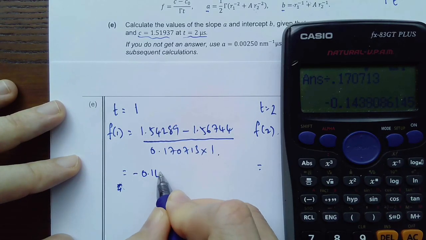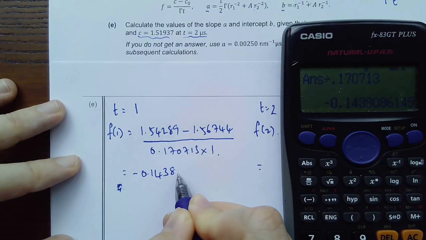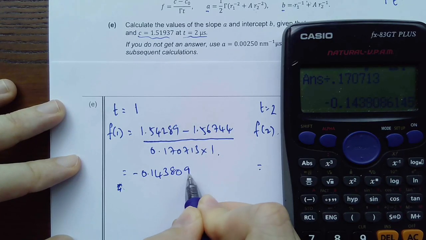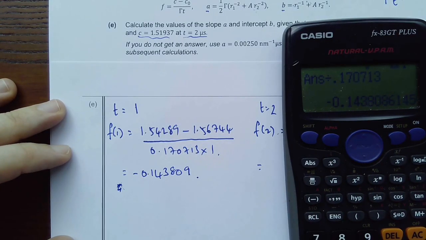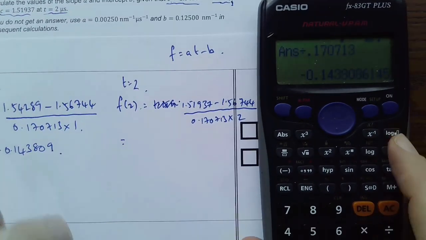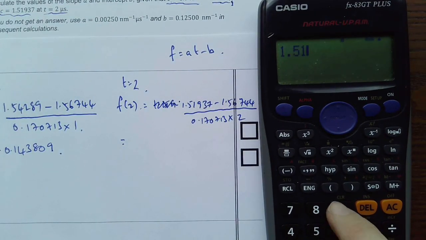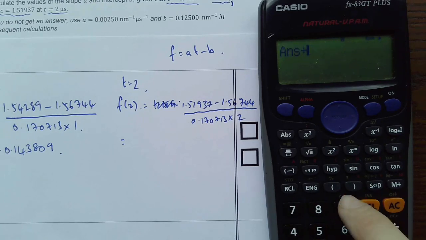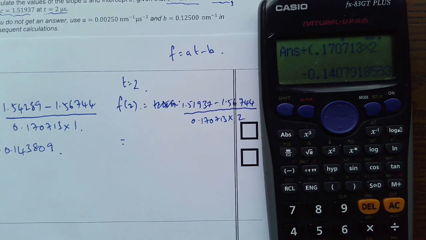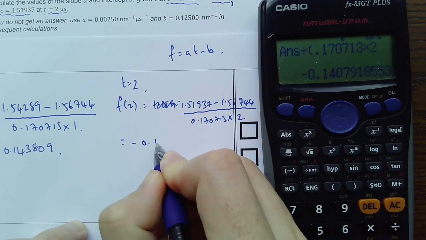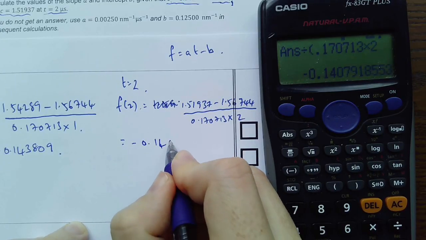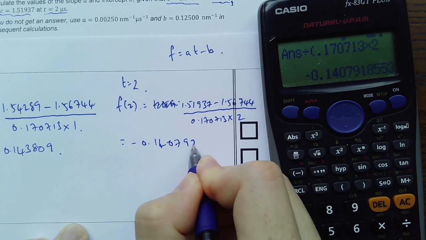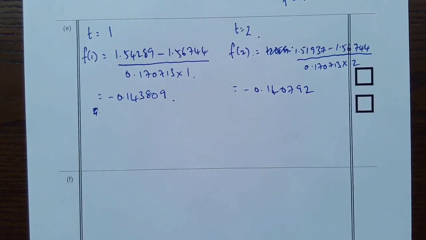Minus 0.143809. And then this one is 1.51937 minus 1.56744 divided by 0.170713 times 2. Got to make sure you don't type any of this in wrong. Minus 0.140792. Okay, and then I can set up my simultaneous equations.